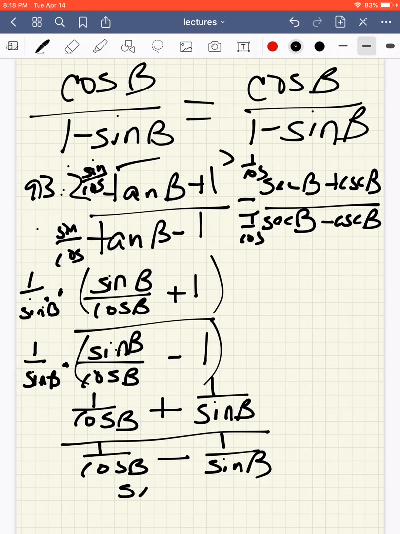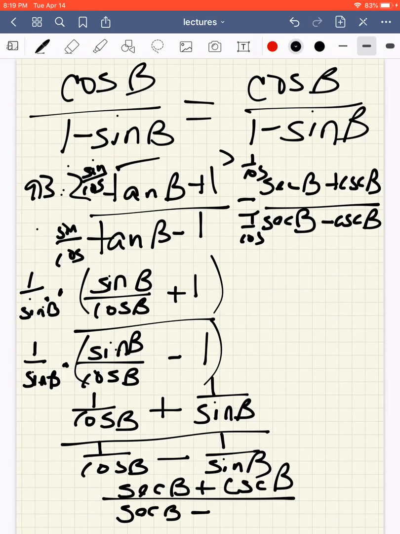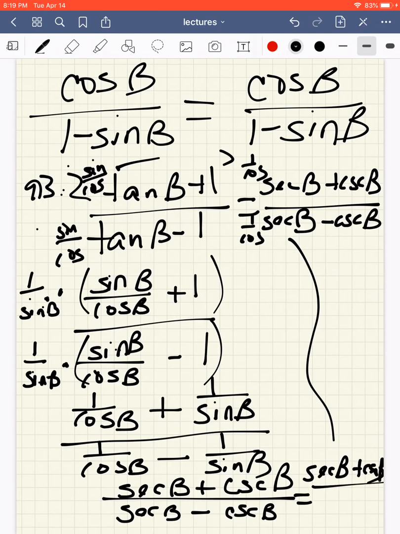It's secant. What's 1 over sine? Cosecant. Divided by 1 over cosine is secant, minus 1 over sine is cosecant. We bring that down, and we just proved it, didn't we? Secant b plus cosecant b over secant b minus cosecant b.